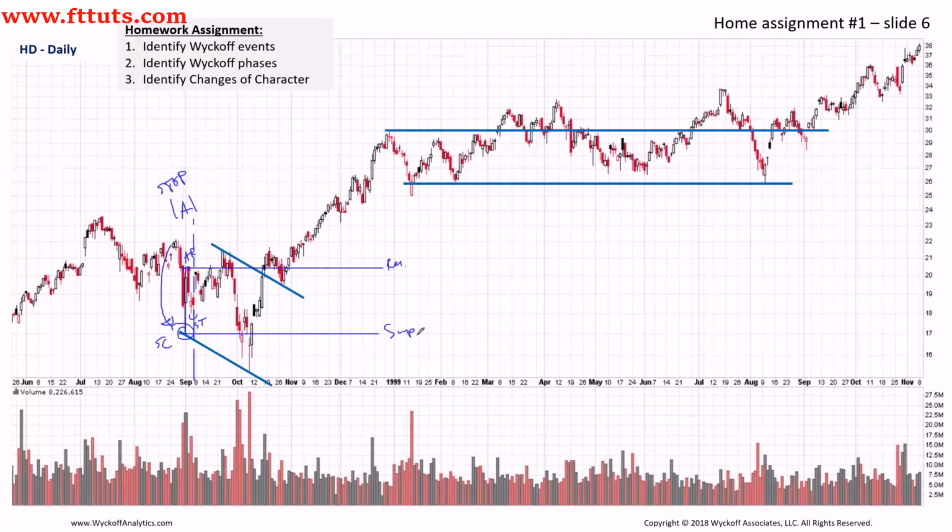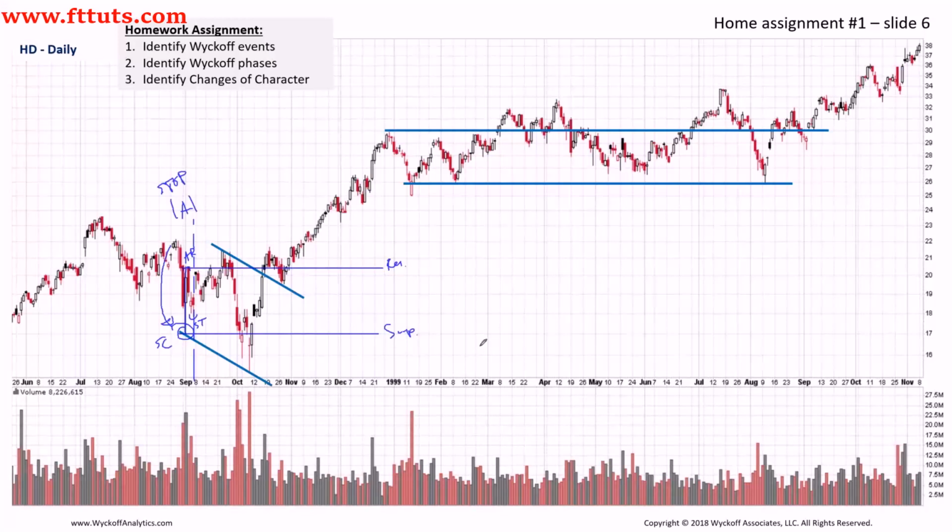Okay, so what is next? What catches your eye next in this trading range? Right, then in phase B, there is a series of secondary tests forming. Is phase B the most exciting to you as you look at this chart, or are you just going sequentially? I was just going sequentially. Okay, so let's just pay attention to the question itself: what catches your eye, and not necessarily what comes next.